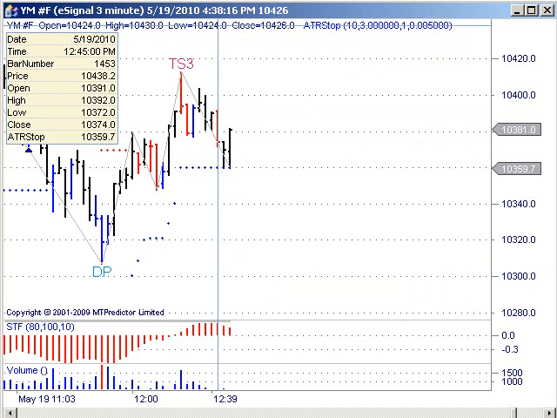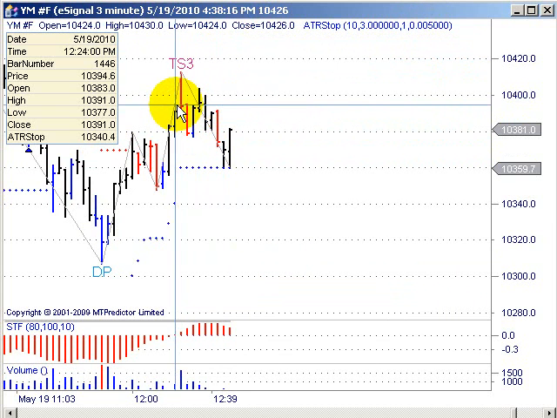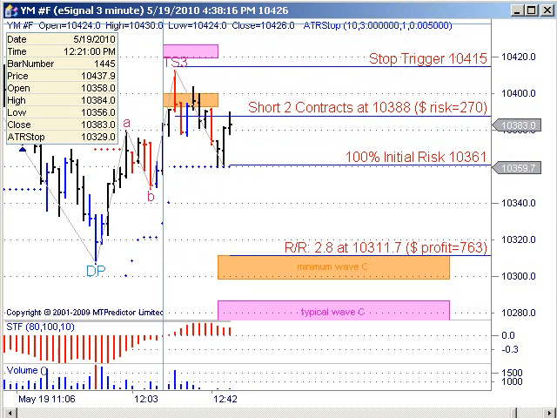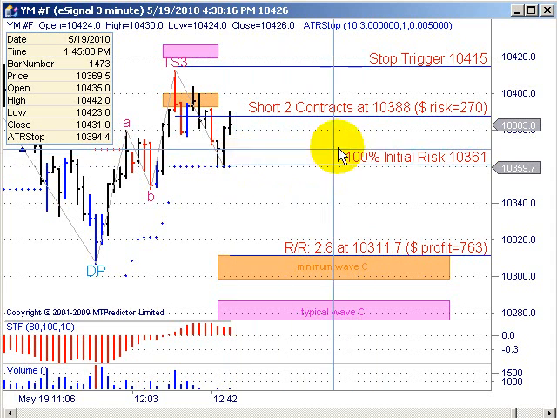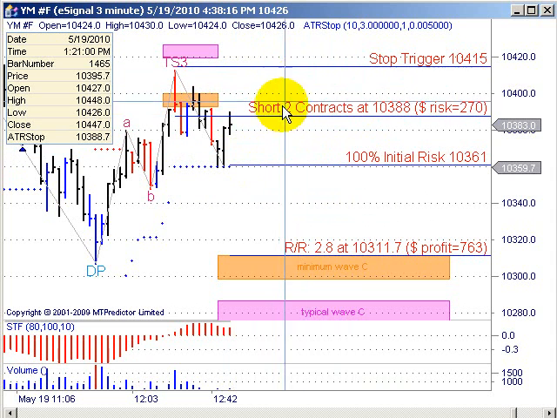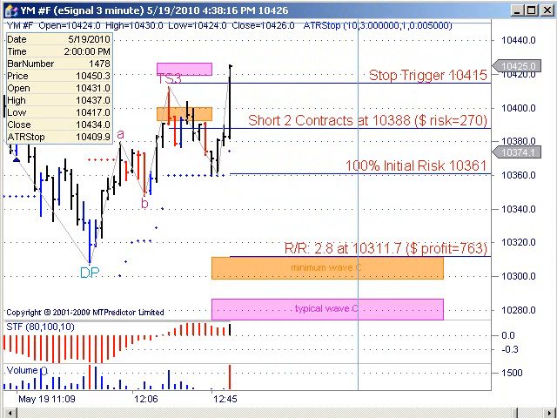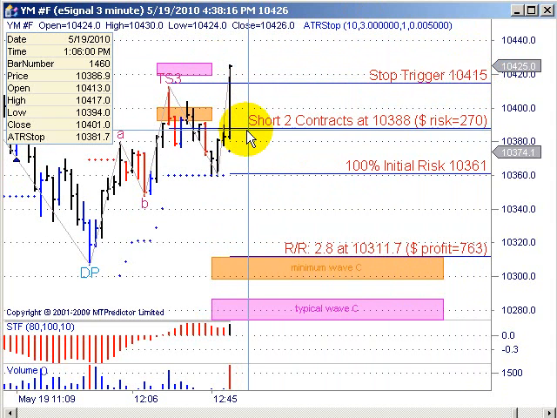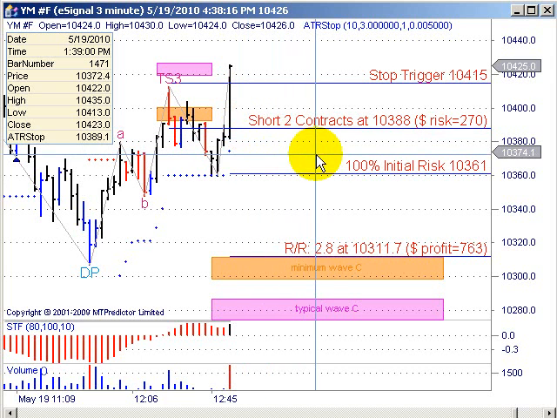Oh, let me put the analysis back on here. Okay, so you see in this case, we hit the 100% initial risk. If we moved our stop to the entry, we're stopped at our break even there. And that saved us from taking the $270 loss on that trade as it came up, and would have taken us out at 10,415 had we not moved the stop up. So, good. All's well there.